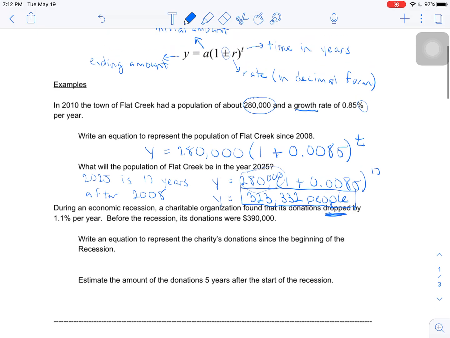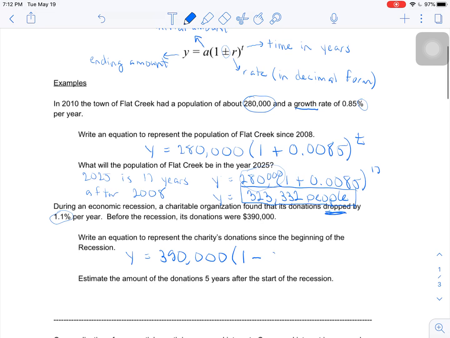So I can write an equation for that using my outline. So y equals the starting value, 390,000, times 1. And this time I'm going to do 1 minus because it's dropping by 1.1%. Again, that's the percentage. So to turn it into a decimal to use it in the equation, you have to divide it by 100.